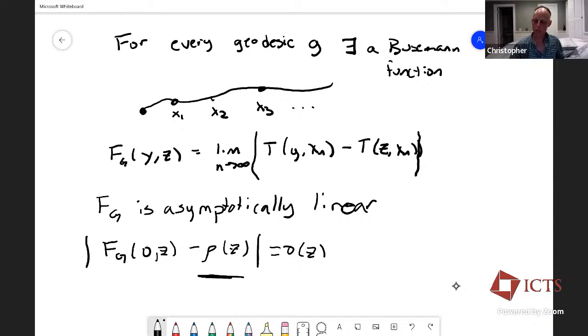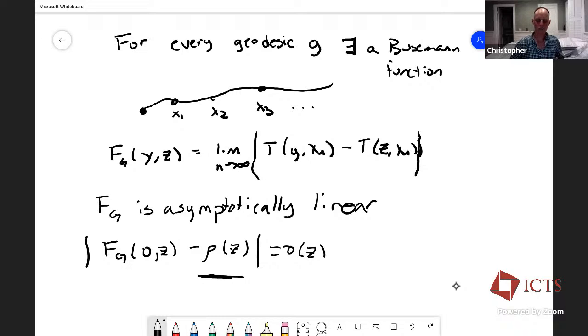There is some fixed set of linear functions rho, such that almost surely there is a geodesic whose Busemann function is growing linearly with that, and these are stationary.